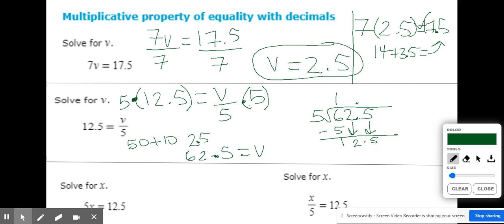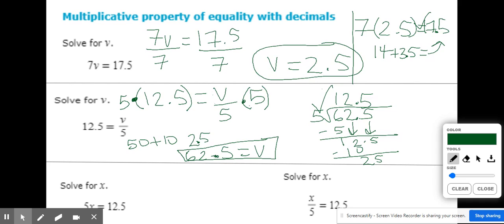Bring that down. 5 goes into, we'll say 12 now, 2 times. Bring that down. 5 goes into 25. And I'm right back where I started. So my check works. V is equal to 62.5. I guess my guess was a little off, but it helped me make sure that I am in the ballpark.